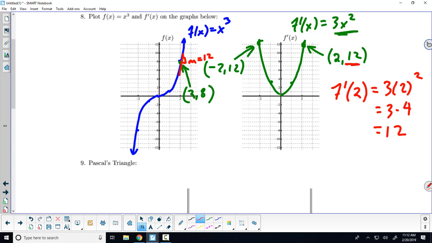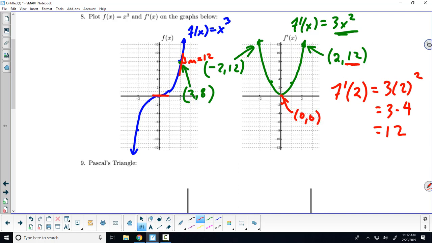Questions on that? There's something really neat to observe here. This function is increasing over its entire domain. So its derivative is always either positive or 0. There's one place where I have a horizontal tangent line, that's precisely at this ordered pair right here, 0, 0.